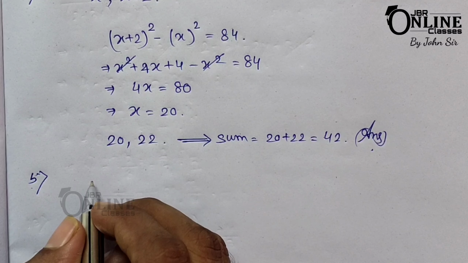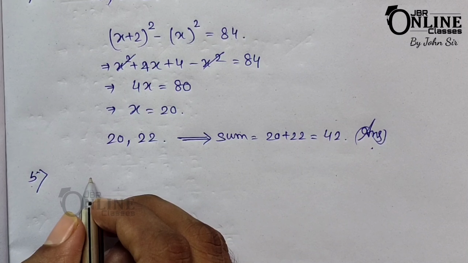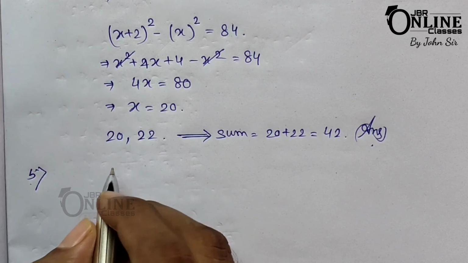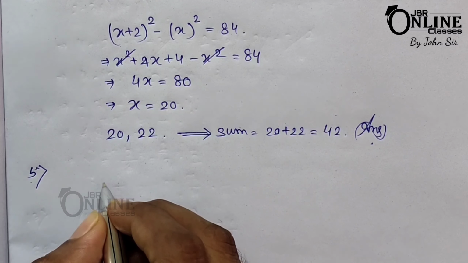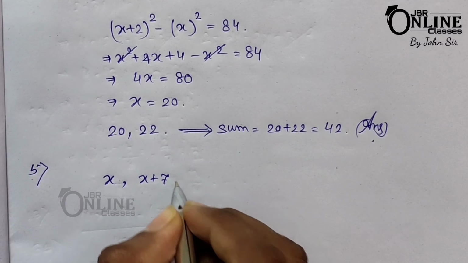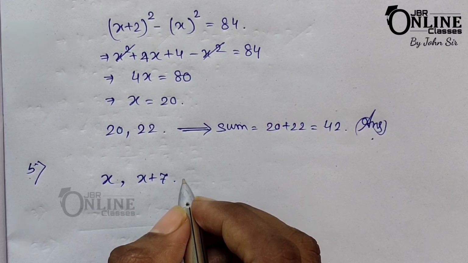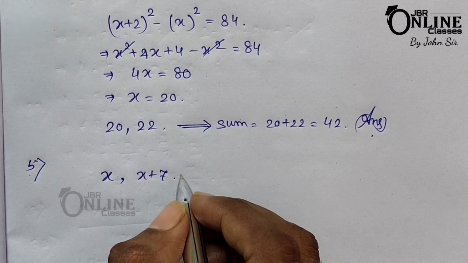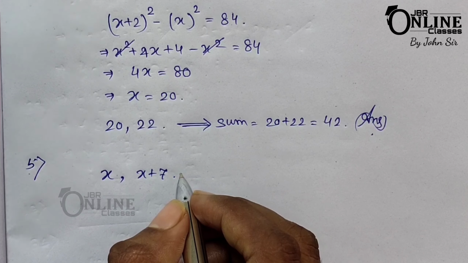In sum number 5, one number is 7 more than the other number. So if one number is x, then the other number is x plus 7. Now its square is 77 more than the square of the smaller number.